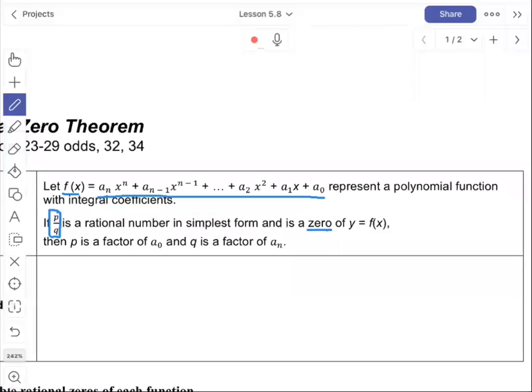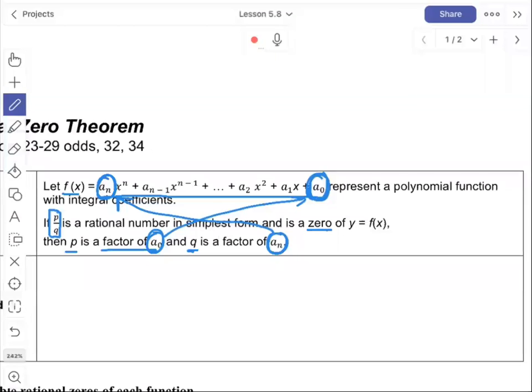So that numerator will be a factor of a sub 0, that constant. And then q will be a factor of a sub n, that leading coefficient. So a sub 0 is that constant, and a sub n is this leading coefficient.